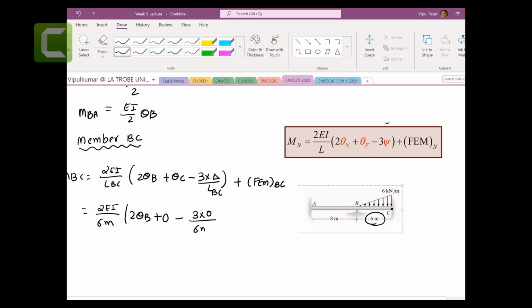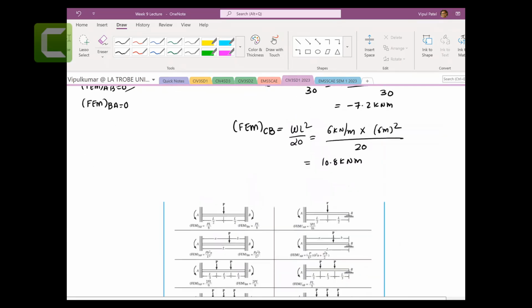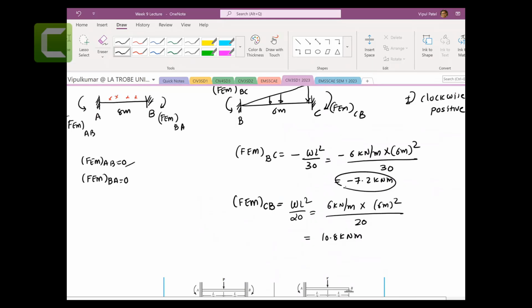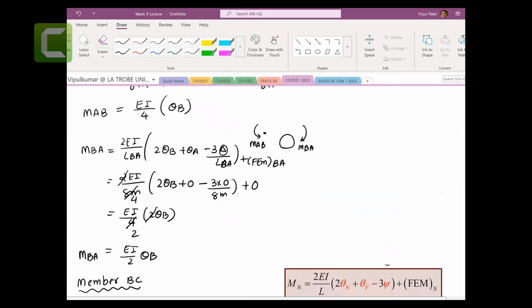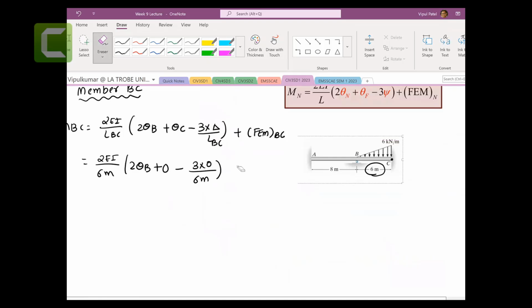Length BC is 6 meters. The fixed end moments we found before: minus 7.2 kilonewton meters. That is the fixed end moment. Now we can quickly sort this out. This one cancels, this one cancels, so 2EI on 3 theta B. This one gets 0, this one gets 0, minus 7.2 kilonewton meters. So this is MBC.